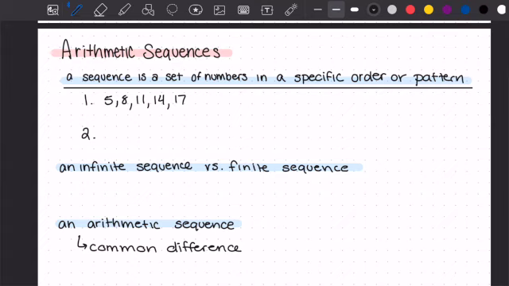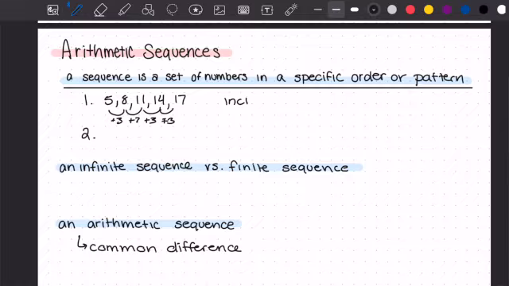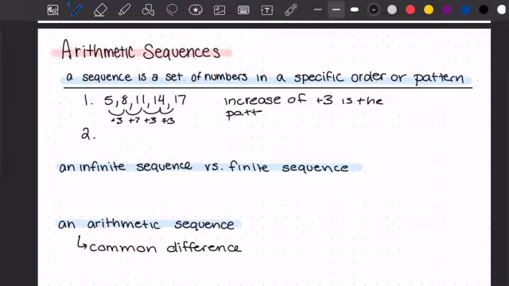Each one of those jumps is plus 3, so the increase of 3 is the pattern.